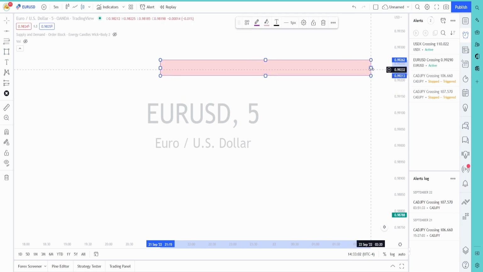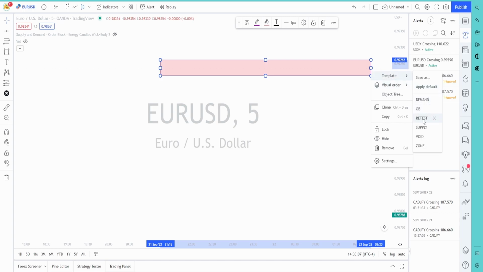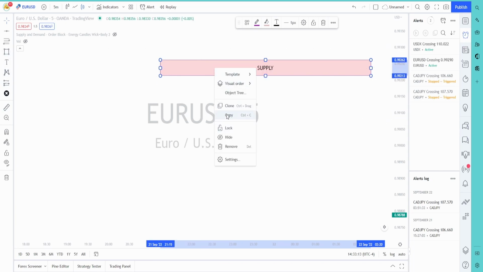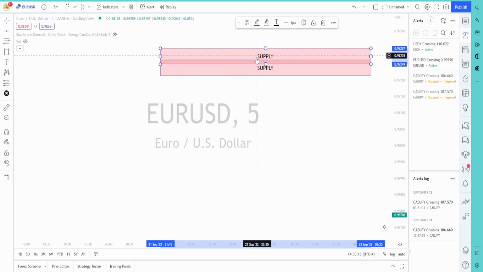Now, when we're looking at this, how can we make this better? So when we're marking this off, imagine on your chart, you've got your supply and your demand.